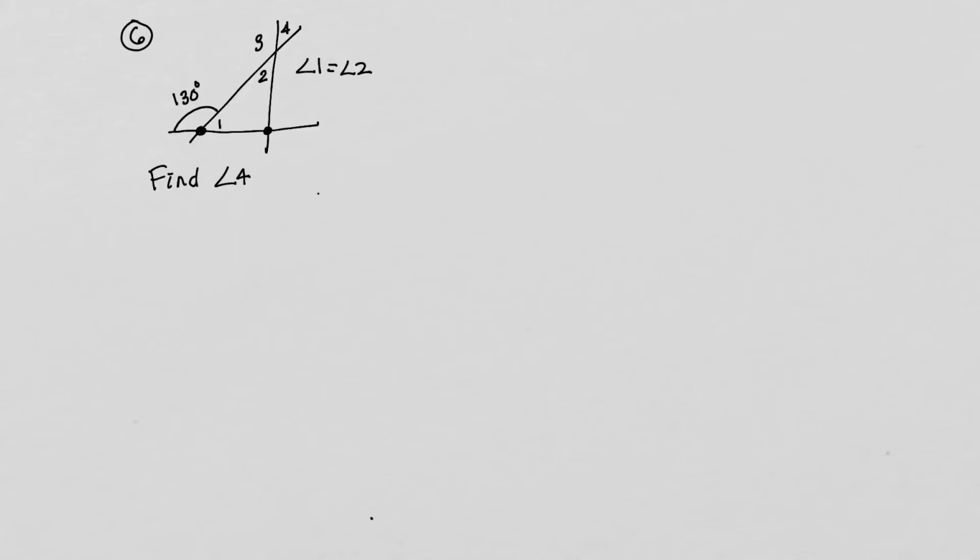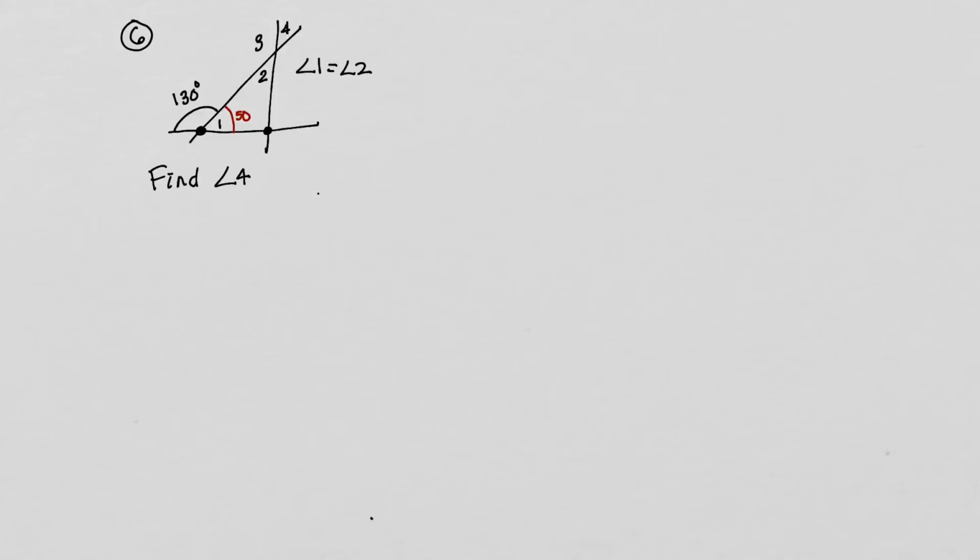Now, to do this problem here, we're going to have to assume that this line right here is horizontal, that it's a straight line. So if this is 130 degrees, then right here, this is going to have to be 50 degrees. Now, we are trying to find the measure of angle 4. Angle 4 is up here. So we've got this as 50, and then we're given this information, that angle 1 is equal to angle 2.